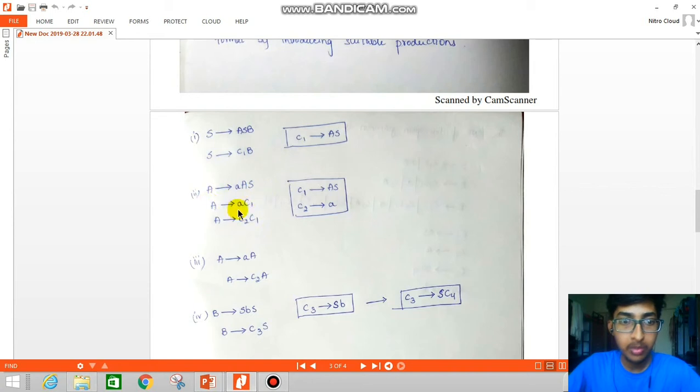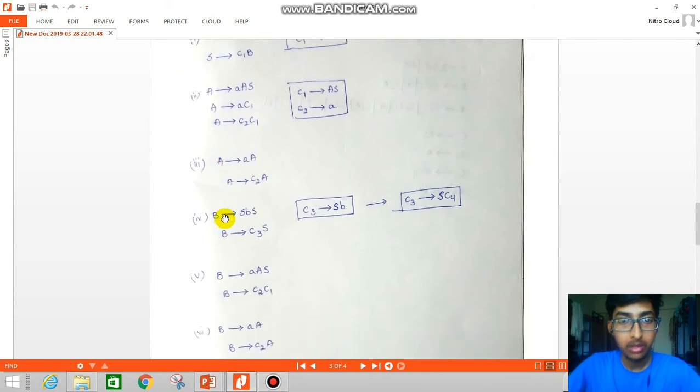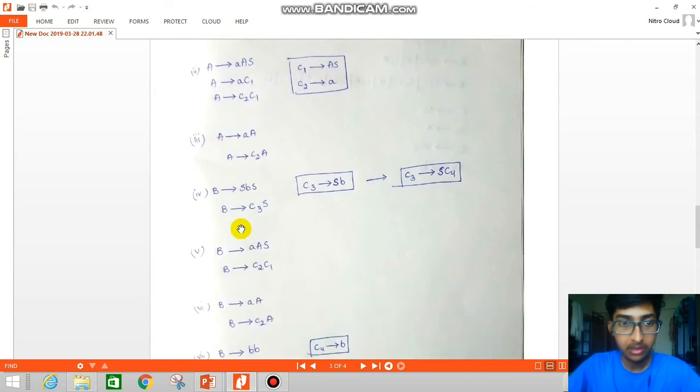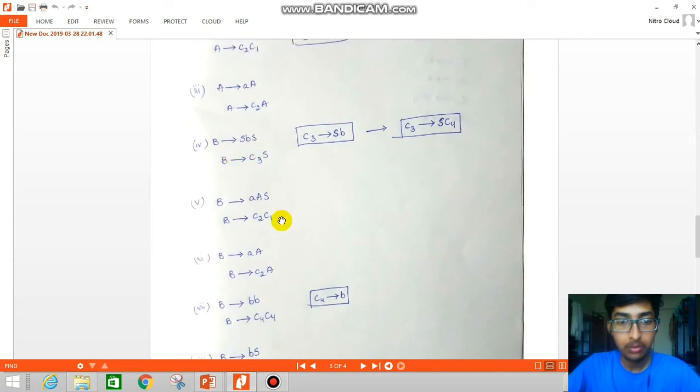It also should not be a terminal followed by a variable, so define another production. C2 defines A. In place of A, substitute C2. This is in the form of Chomsky normal form. Now for all that, just define suitable production formats so that they are in Chomsky normal form.